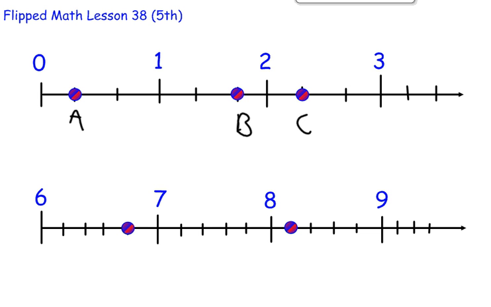The first thing we need to do when analyzing this number line is understand how many parts there are between each whole number, or how many fractional sections our number line is divided into. To do that, we count the spaces.